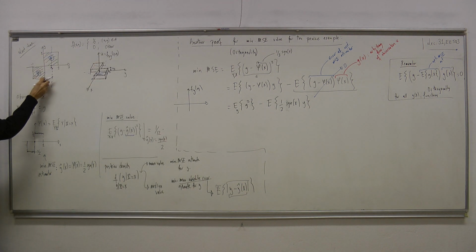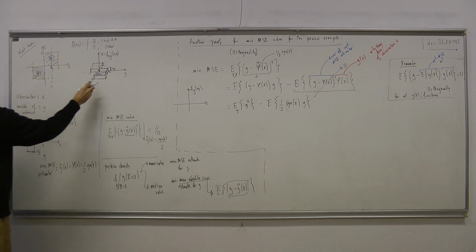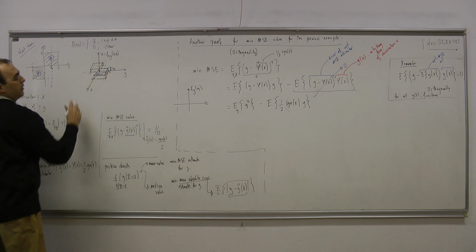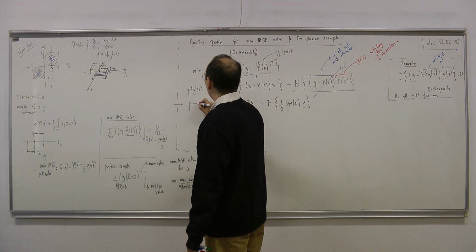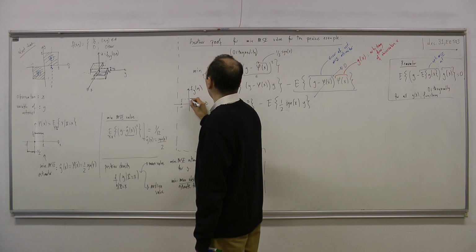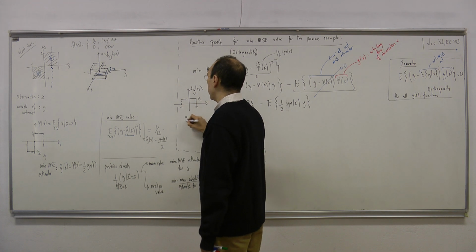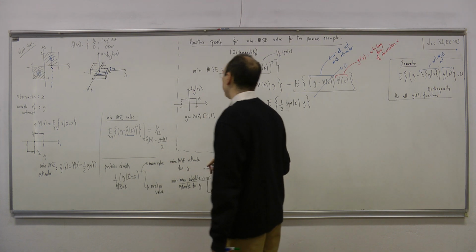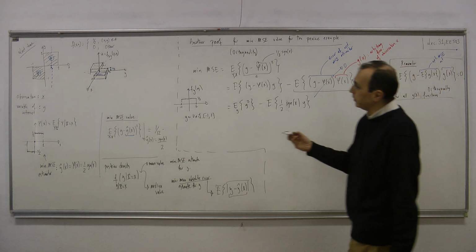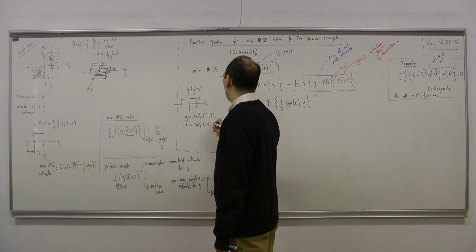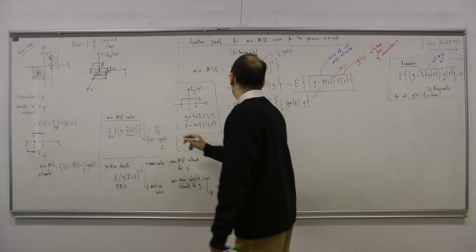Y is a random variable between 1 and minus 1, and it's just flat. So y is uniform between minus 1 and 1. Similarly, the marginal density of x is uniform between minus 1 and 1.